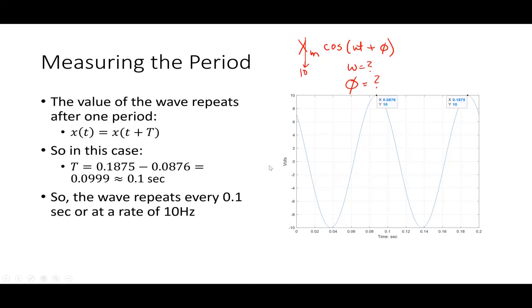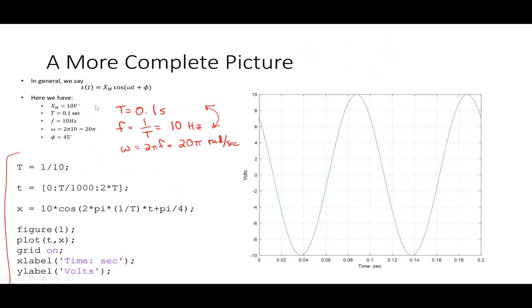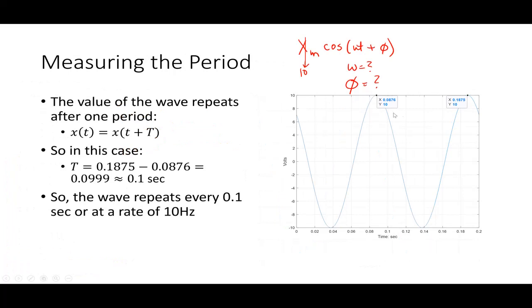If I do the math, how much time elapses between 0.1875 and 0.0876? According to my math, it's 0.0999999 seconds, and that's approximately 0.1, right? Over here I said I drew it for 0.1, so it probably should be 0.1. There's probably just some numeric accuracy in my measurement.